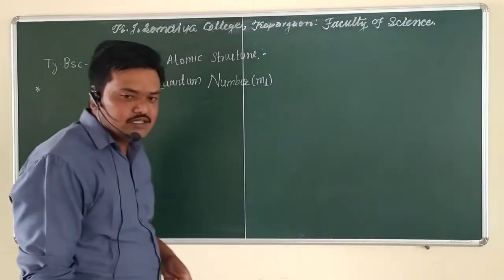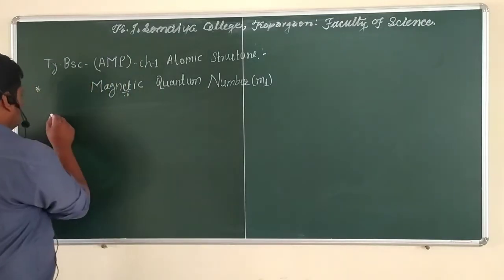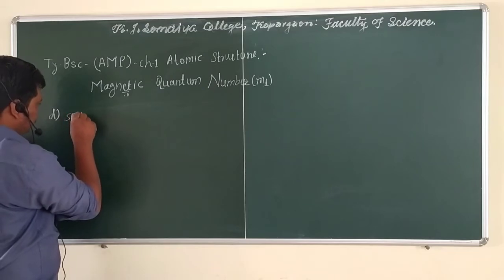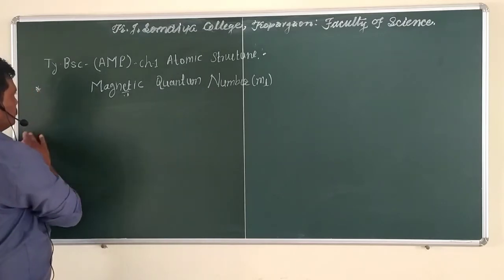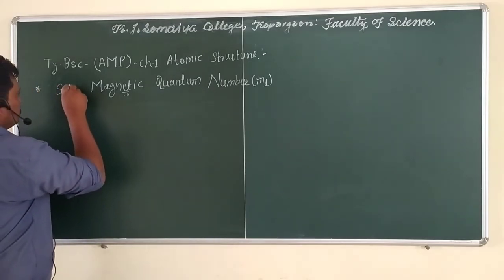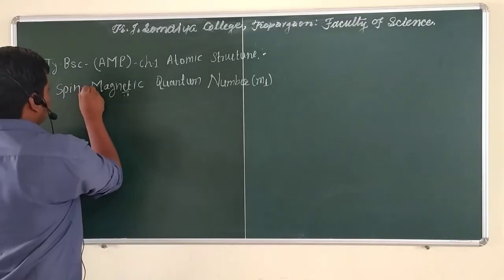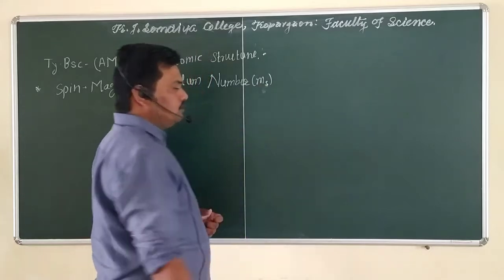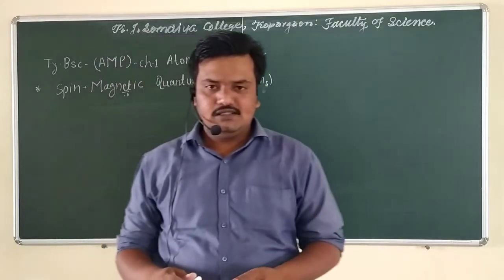So we have to see the spin magnetic quantum number, that is the fourth quantum number, denoted by m suffix s.